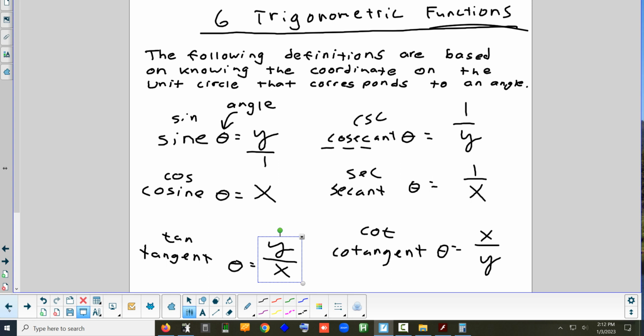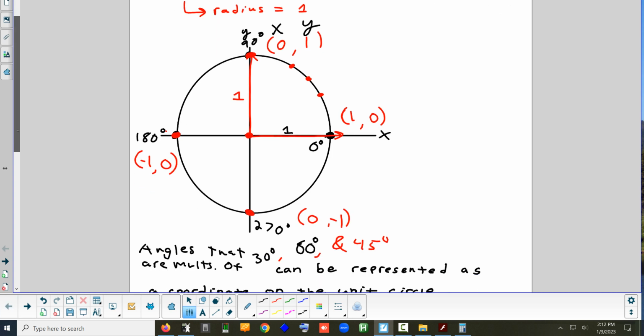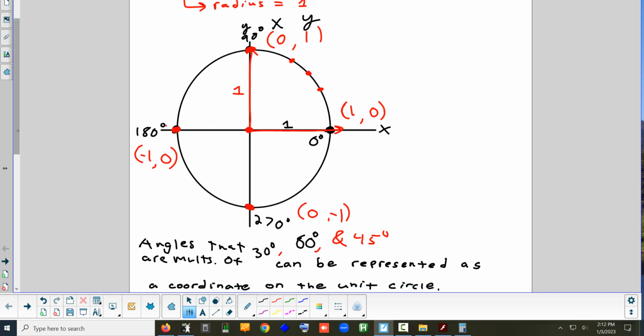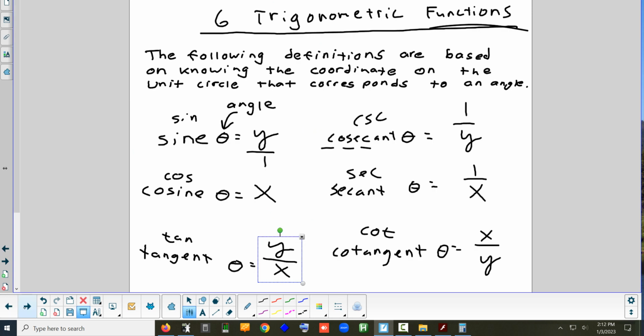Let's go back to our chart. What did we say earlier the coordinate is for 180? Yep, negative 1, 0. That's our x and that's our y in this problem. Negative 1, 0.